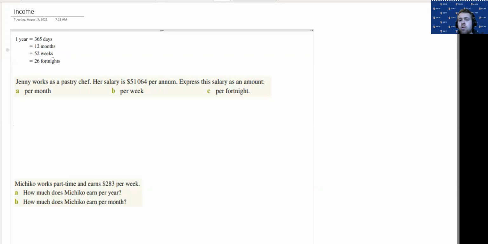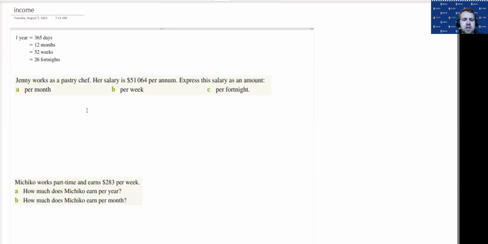Some people might earn a wage, which is usually dependent on how many hours you work. For a wage, you might get paid per hour and then work 35 hours a week or 40 hours a week or something like that. If you work less hours, you might get paid less. If you work more hours, you might get paid more. So a salary is a fixed amount, whereas a wage depends on how much you work.